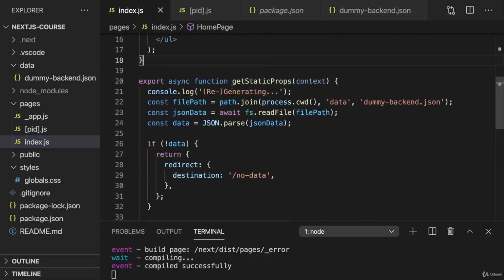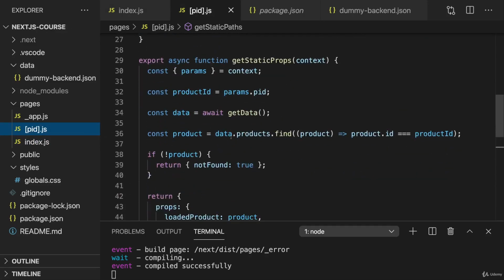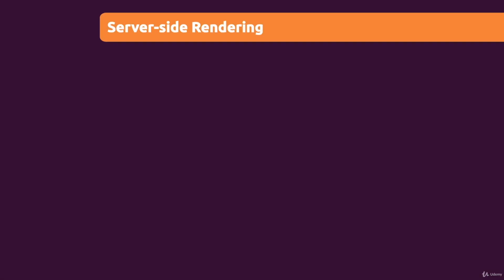So inside of getStaticProps, you don't have access to the actual incoming request. Now, very often, you also don't need access. For example, here, in the examples I showed you thus far, we don't need access to the actual request which is reaching the server.